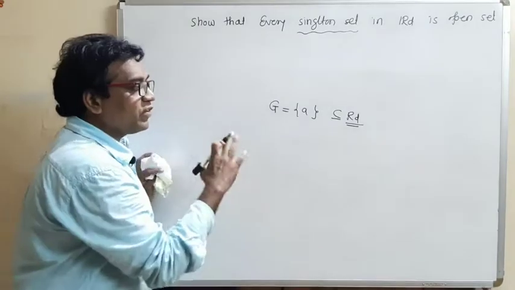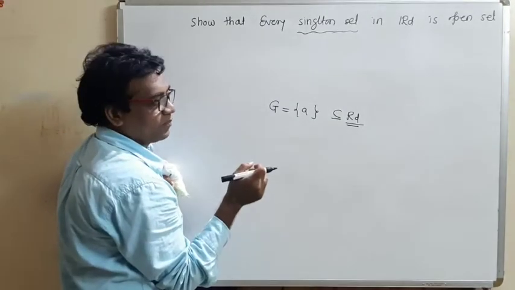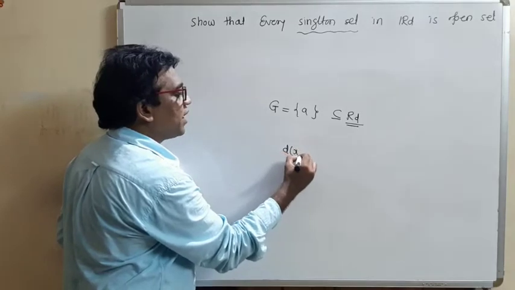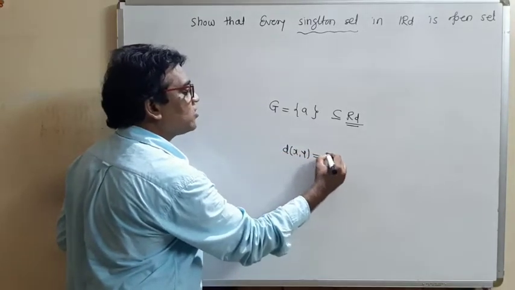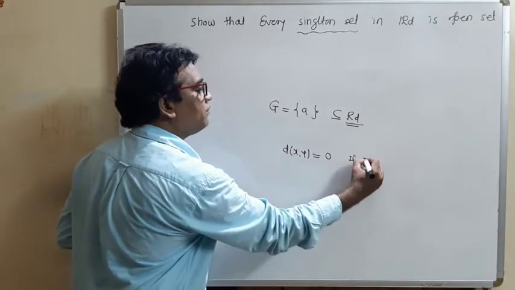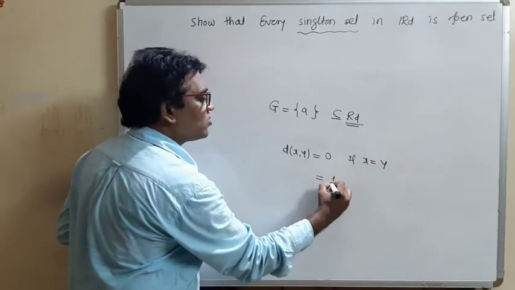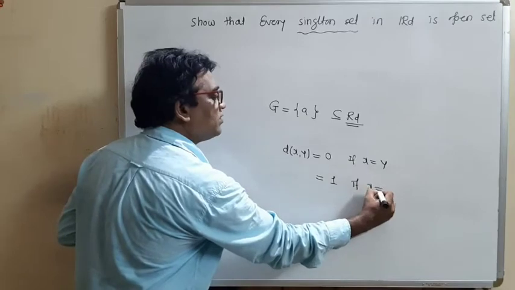Now see what is the definition of discrete metric space. The discrete metric is given by d(x, y) equal to 0 if the points are the same, and d(x, y) equal to 1 if the points are different.